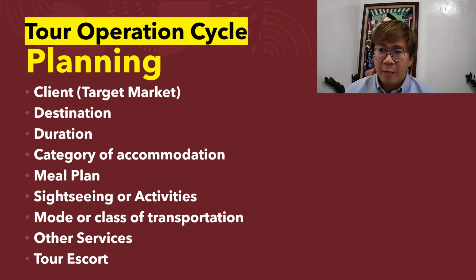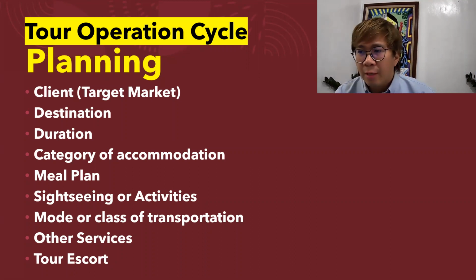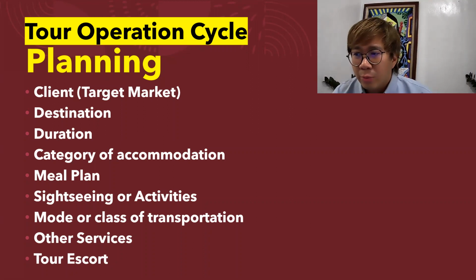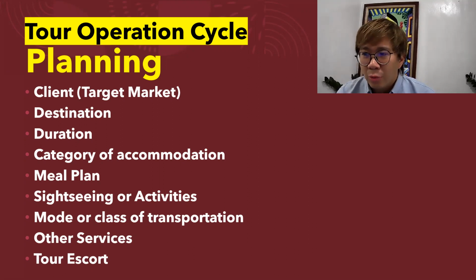So that is justifiable. Now, if you're going to have a long haul flight, let's say 8 hours or 12 hours, of course, 3 days and 2 nights hindi siya maganda, because 8 hours times 2 would be 16 hours. So 16 hours out of the 3 days, 2 nights is, of course, almost already 2 days, right? So let's say we go to London. From Manila to London is 12 hours.